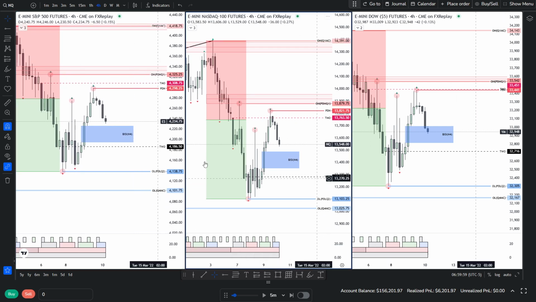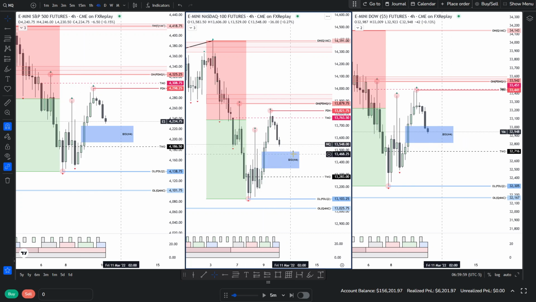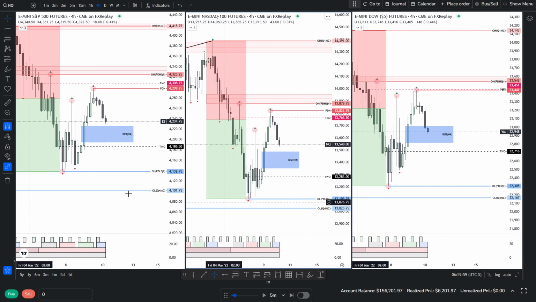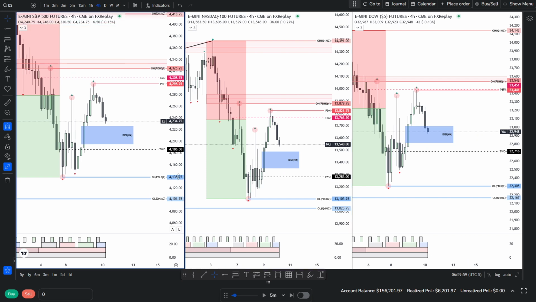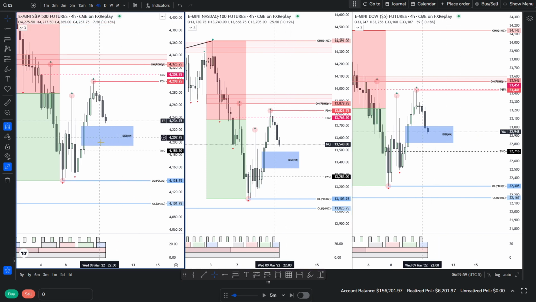But if we see the BISI H4 traded to and through, well, then that supports the idea of lower prices. And because this is a H4 inflection point, sort of getting into if you can't frame a trade here to the high of this level, then it's best to just not engage the market at all.